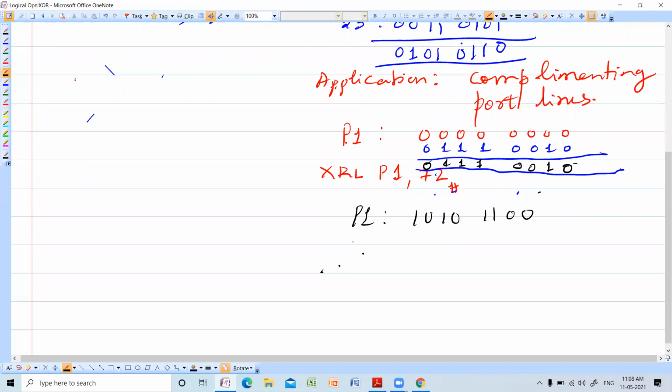Suppose I perform XRL P1 with some data, whatever you wish.